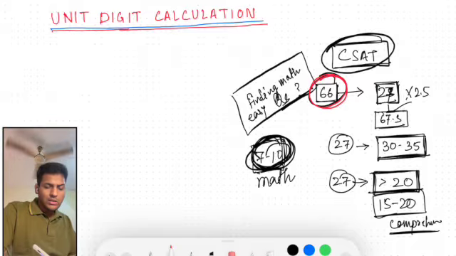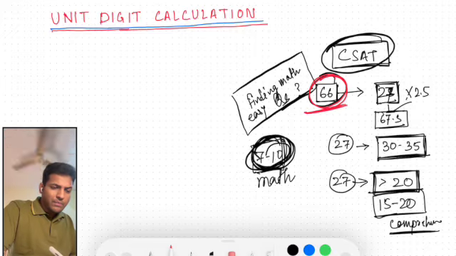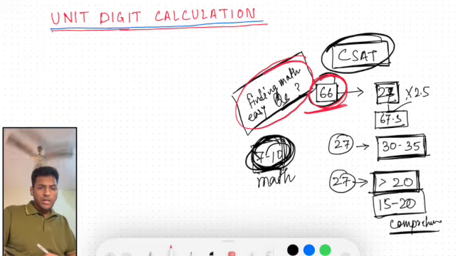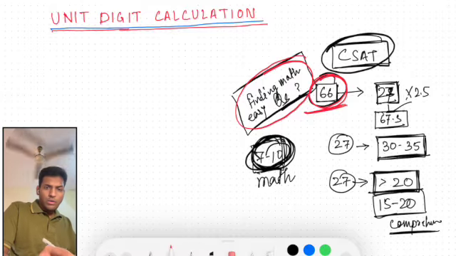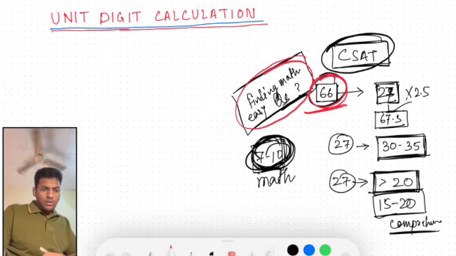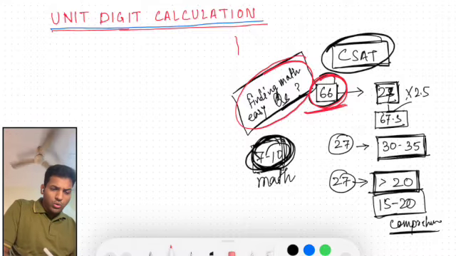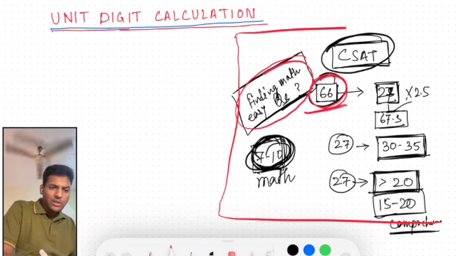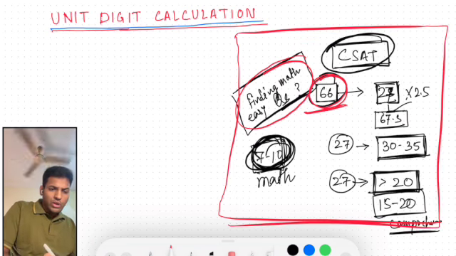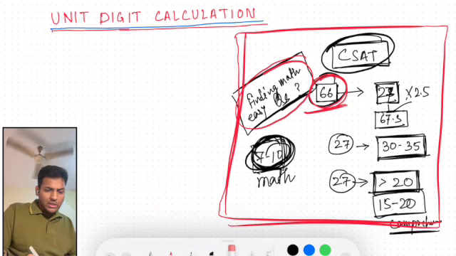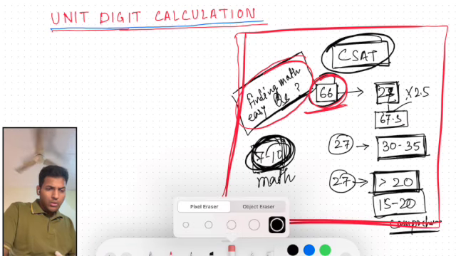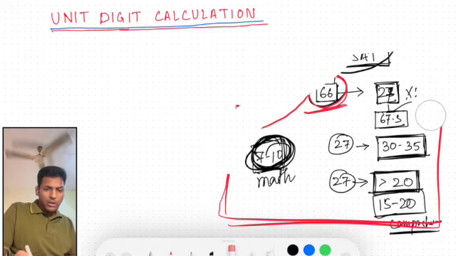If you just find these easy questions in the maths part, this 66 marks will be good enough for you. So this initial 5 to 10 minutes I took just to brief you on the pattern of this CSAT paper and what you need to do for passing it. Okay, now we shall get back to our topic.